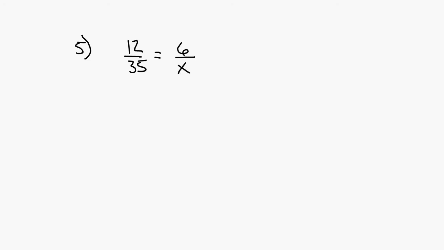And then you can crisscross multiply. So 12x is going to equal 210. Divide both sides by 12. And x is equal to 17.5.